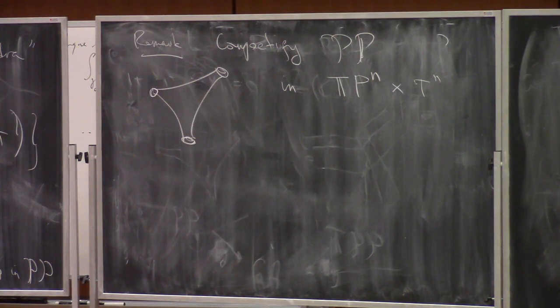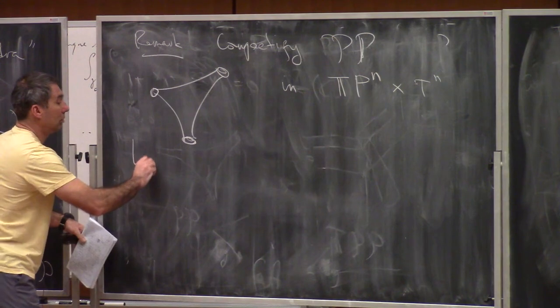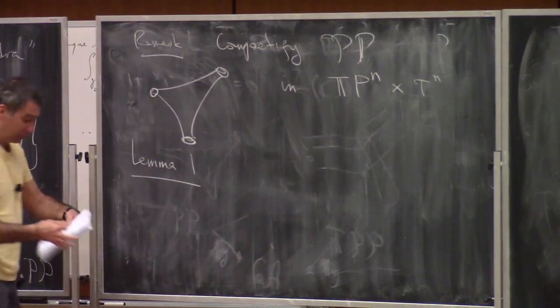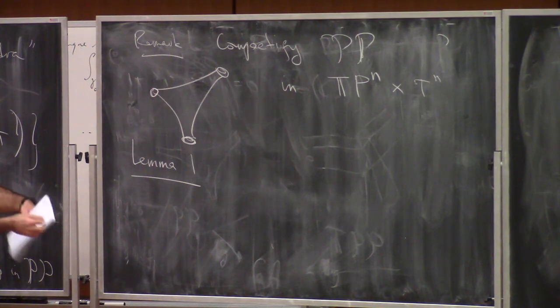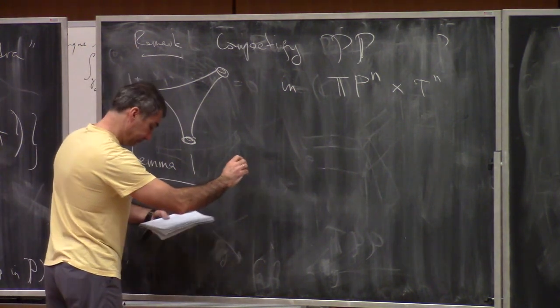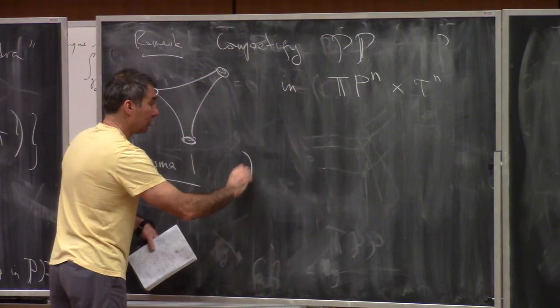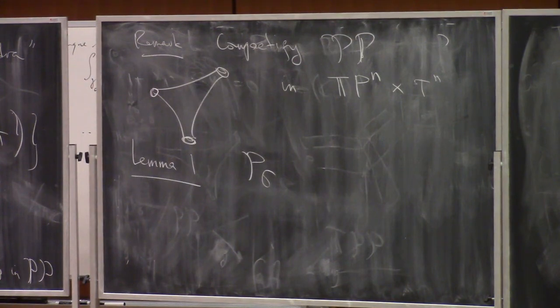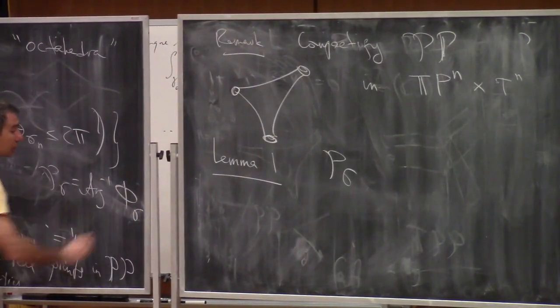All right, so lemma 1 and lemma 2. Depending on how much time I have, I'll explain key features of lemma 1. So lemma 1 is that this P sigma, which is the pullback to P sigma, is the argument inverse.